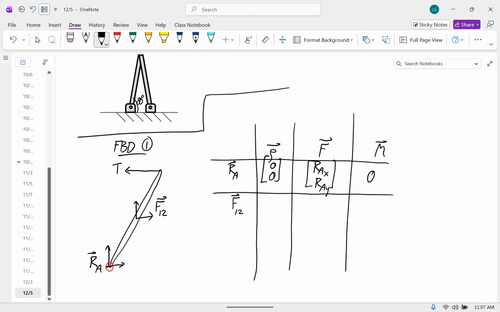So 0.5 times cosine and sine of 80 is 0.087 and 0.492.